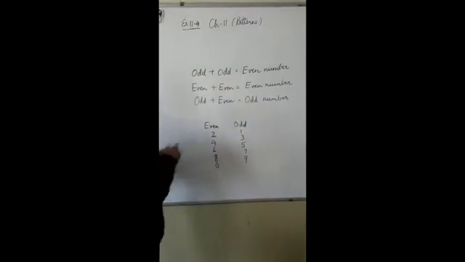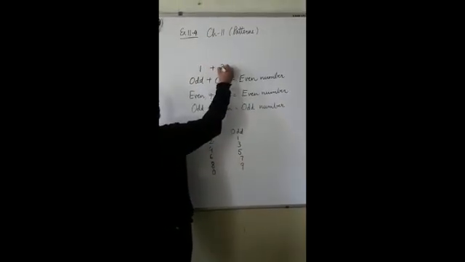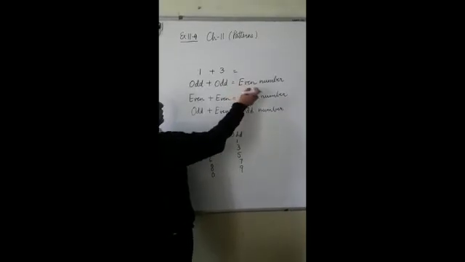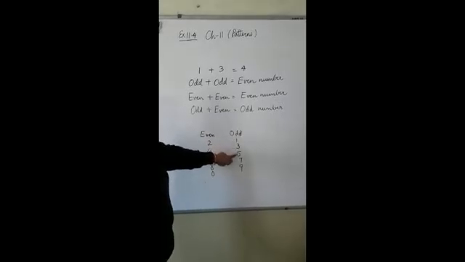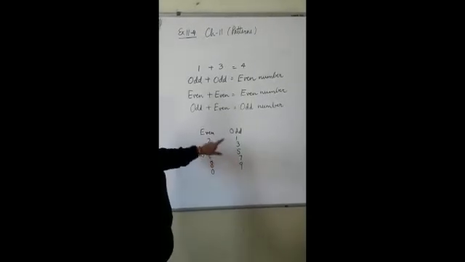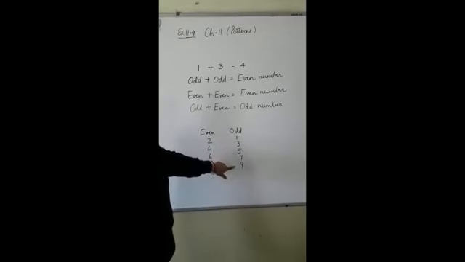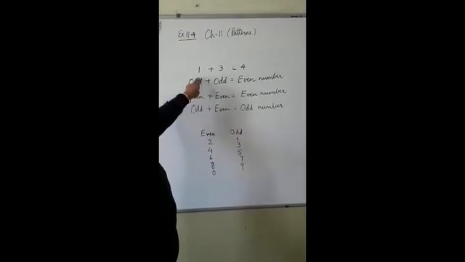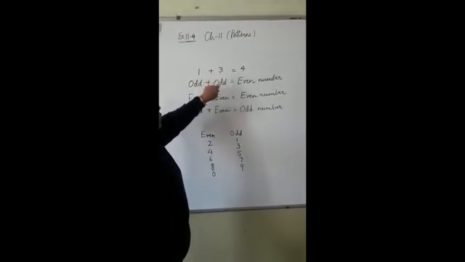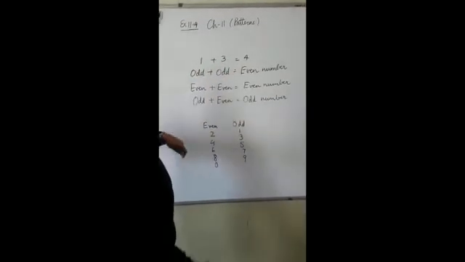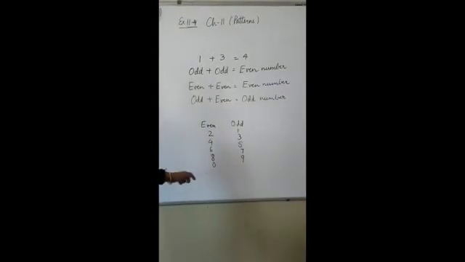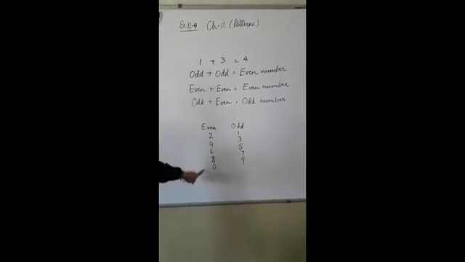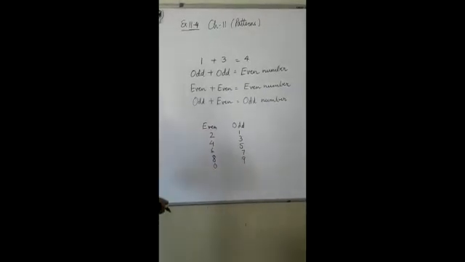Whenever you add an odd number with an odd number, the answer which you get is always an even number. What are odd numbers? 1, with these digits are called even numbers.